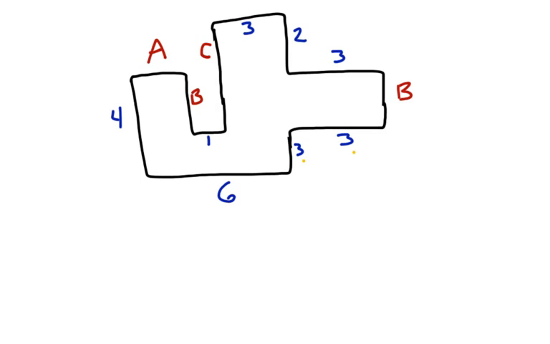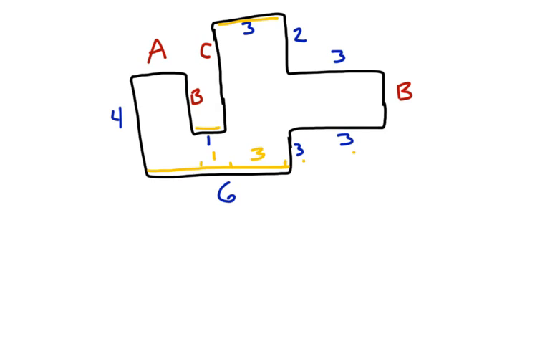Well, let's see. If I look right here, the length of that piece is 6. And then up here at the top, that much has a length of 3. So from right here to right here is 3. And then I know the horizontal length of this piece is 1. So from here to here is 1.